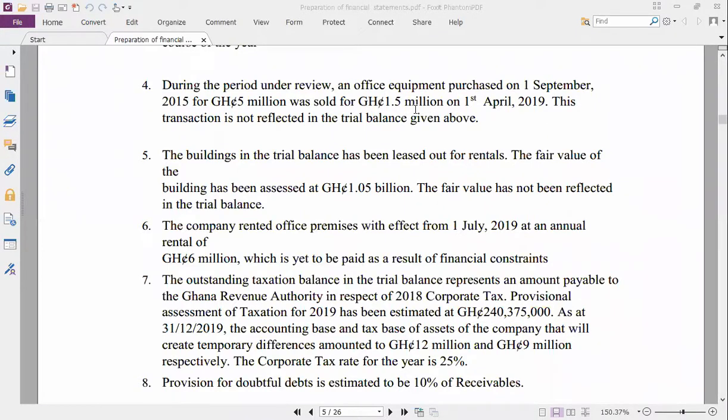Good. The last sentence says that this transaction is not reflected in the trial balance given above. All they are trying to tell us is that they've not recorded anything.